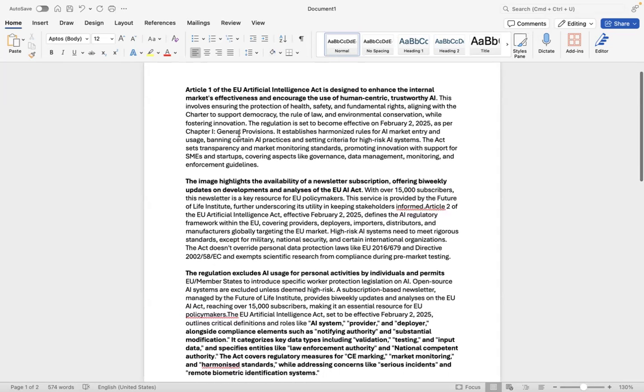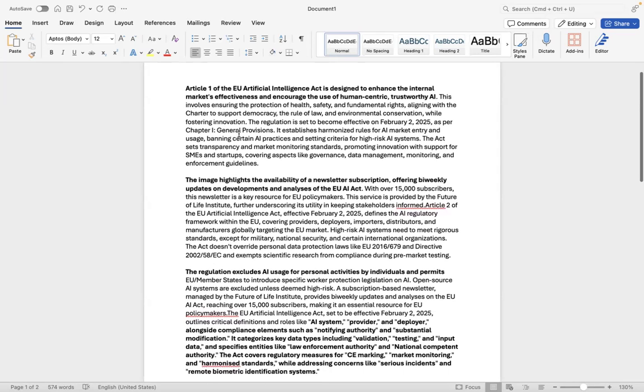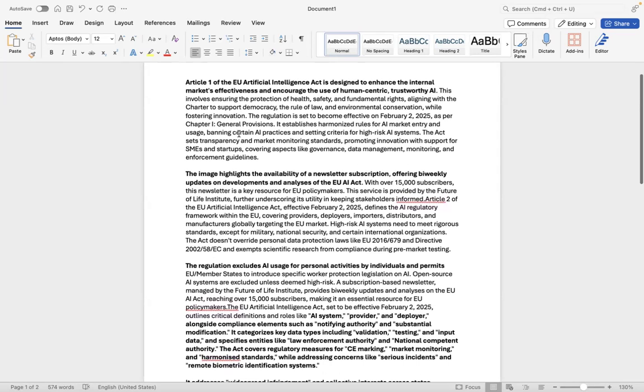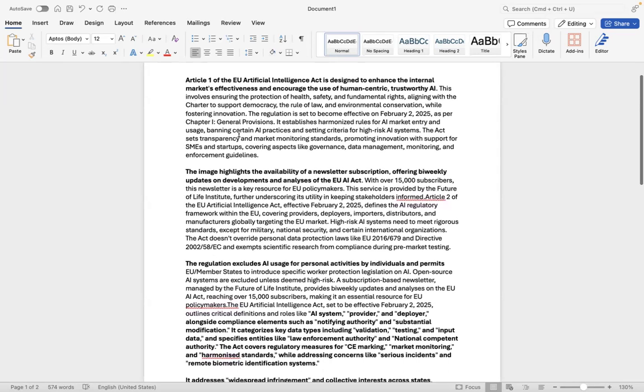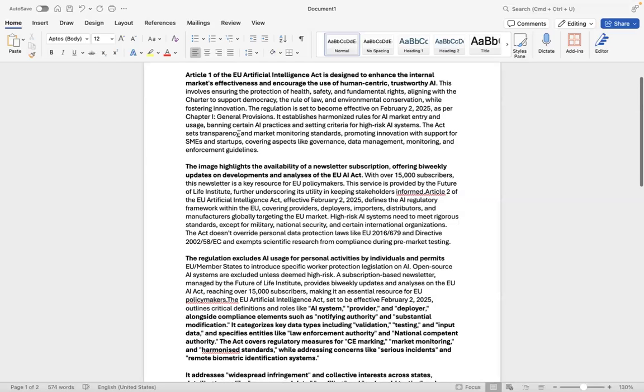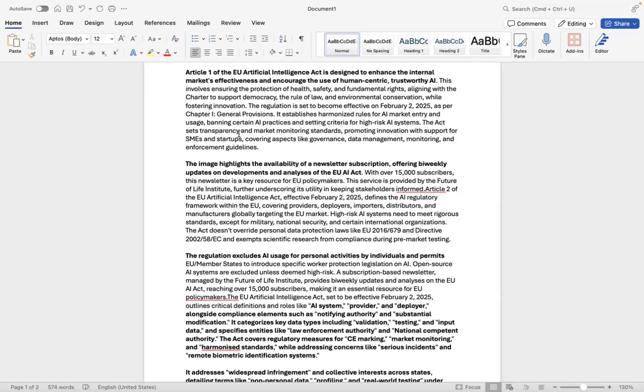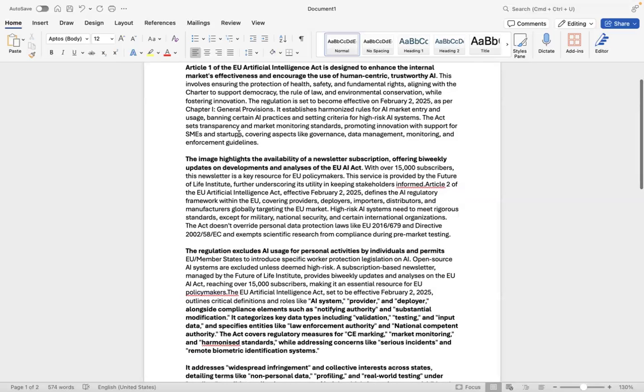The regulation is set to become effective on February 2nd, 2025. As per Chapter 1 General Provisions, it establishes harmonized rules for AI market entry and usage, banning certain AI practices and setting criteria for high-risk AI systems.